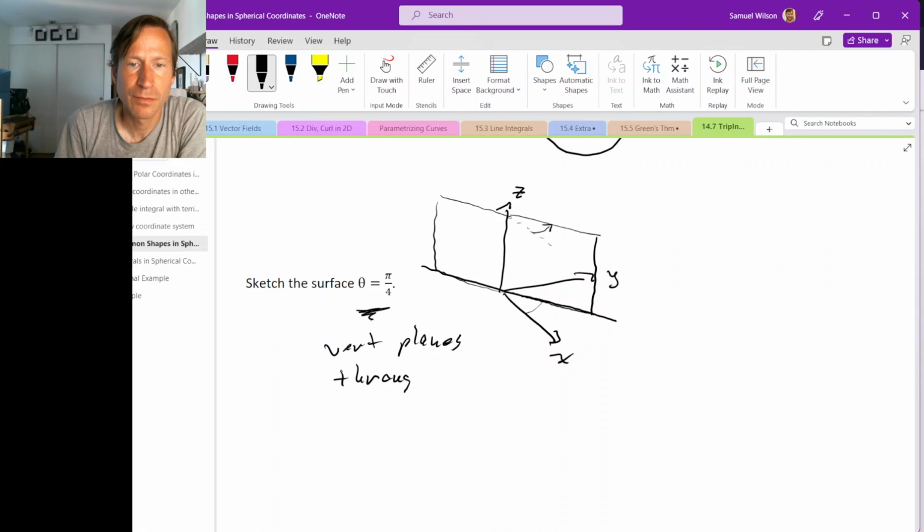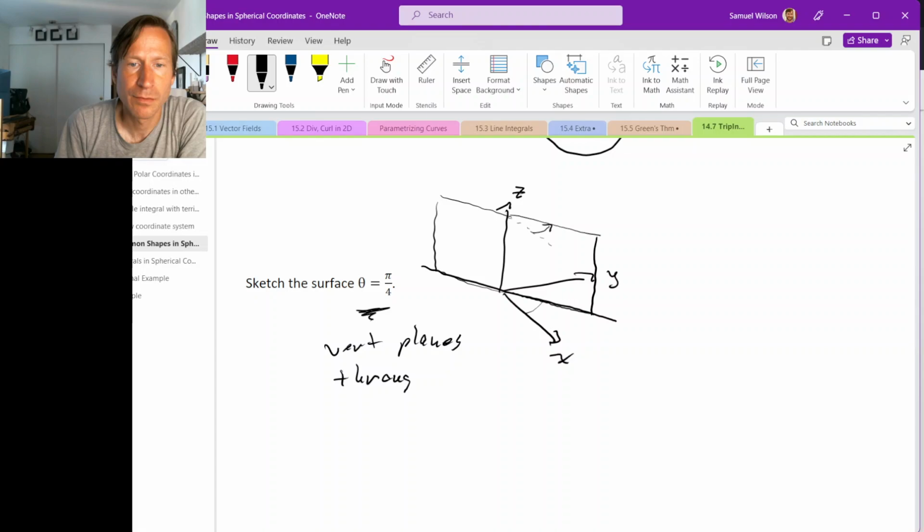Right, so there's one of our points. But we need to go down from the positive z-axis pi over 3 in every direction. So this direction and this direction and back. So by going every direction down an angle pi over 3, we get a whole circle of points like this.